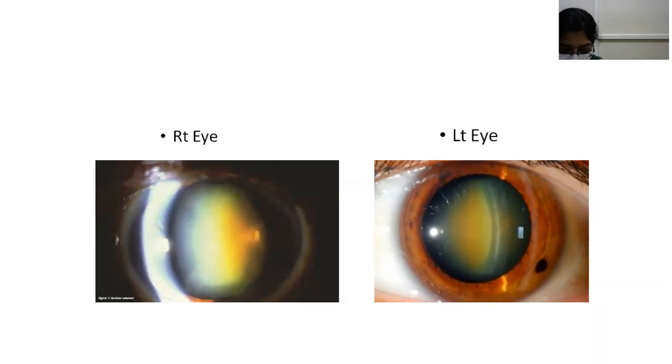What is the color of an immature cataract? Gray in color, ma'am. Gray, grayish white. Yes, ma'am. What are the names for different colors of nuclear cataract?